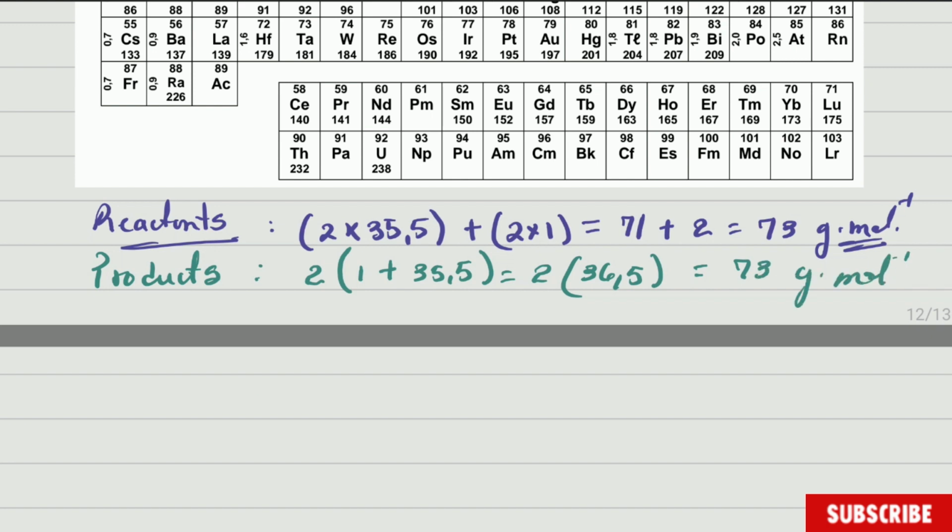Guys, you can see that the total mass of the reactants is equal to the mass of the product. Right? So the law of conservation of mass is applied there.